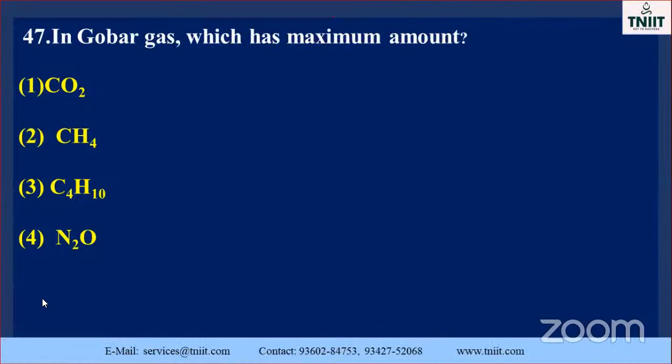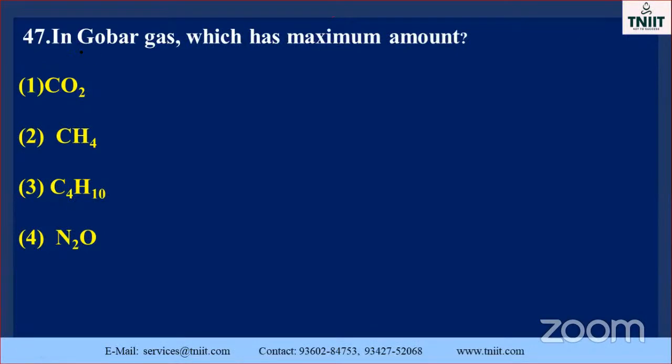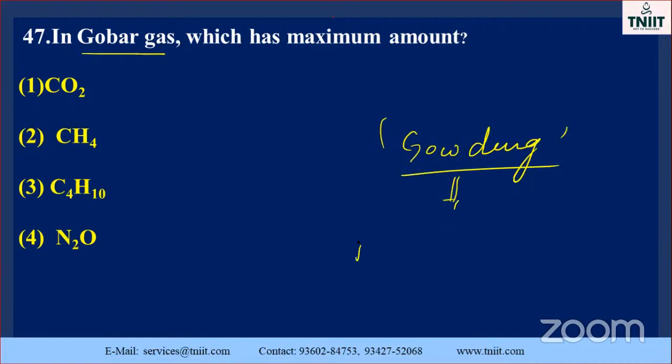Gobar gas, already you know, but this is very, very important. Direct question also, my dear. Gobar gas, just to take an example, cow dung. Where is it present? Methanogenic bacteria. Where is it present?